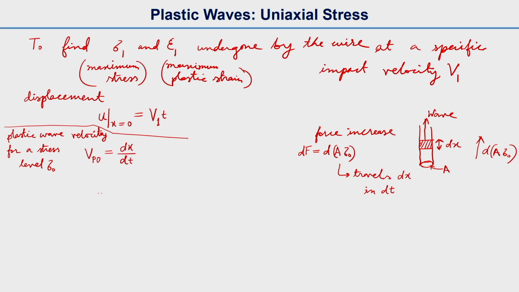So that will be equal to, if we apply the conservation of momentum, m dv equals dA sigma naught dt. Here m is the mass of that element, and dv is the differential of the velocity, which will be equal to the force increase into the time required to cover that distance dx.